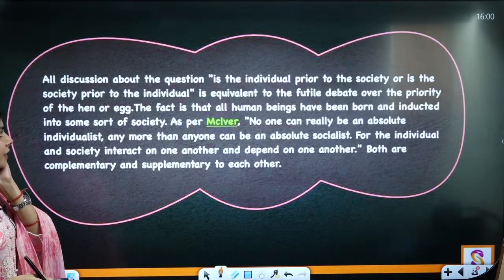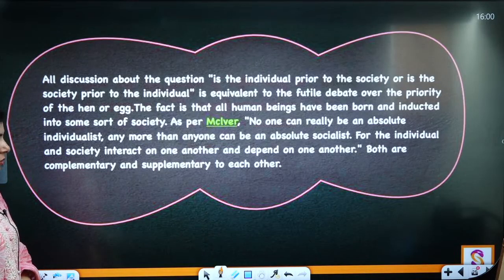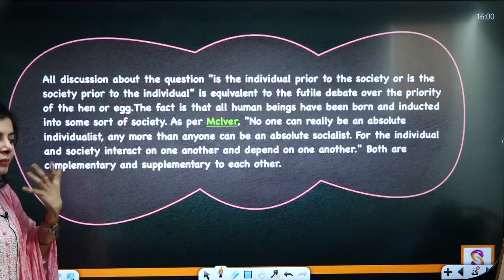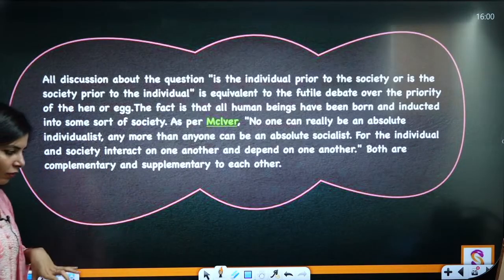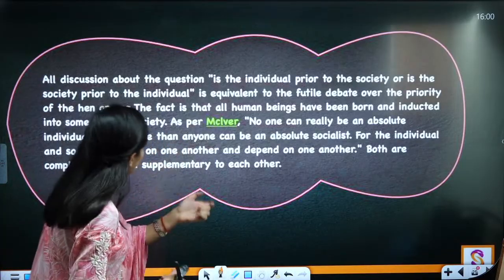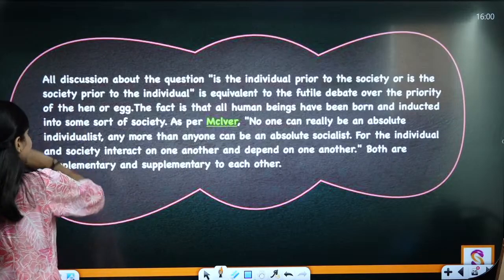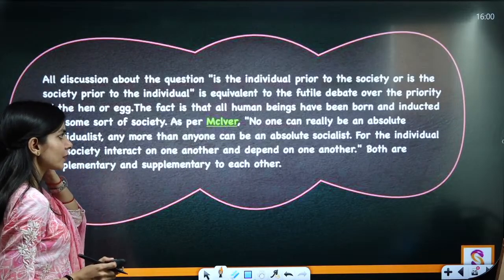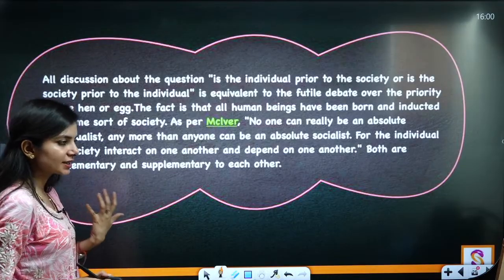Fine. Now, all discussion about the question: is the individual prior to the society? Means the individual first evolved, after that society came into existence, or is it the case that society exists and the individual is just a part of it? So we cannot just answer this question.